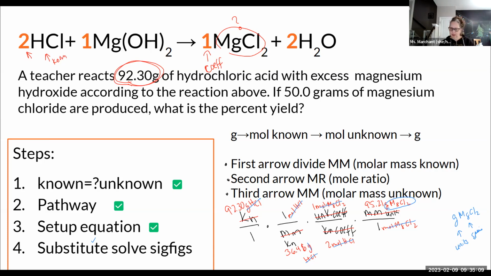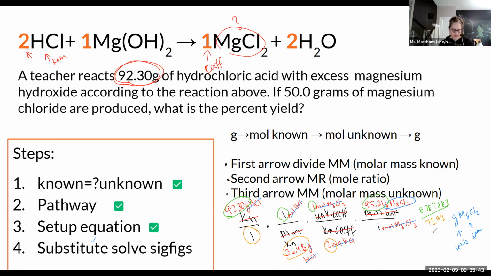92.30 times 1 times 1 times 95.21. Where did I get those numbers? I multiplied all the numerators together and I get 8,787.883. And my denominator, when I multiply those together, 1 times 36.46 times 2 times 1 gives me 72.92.